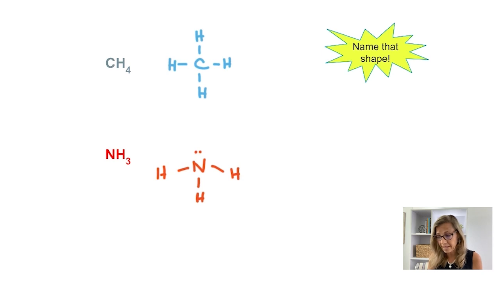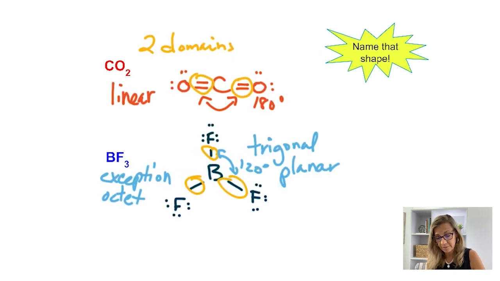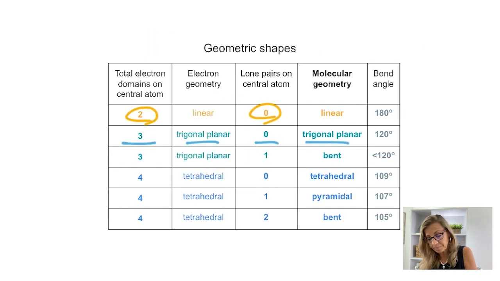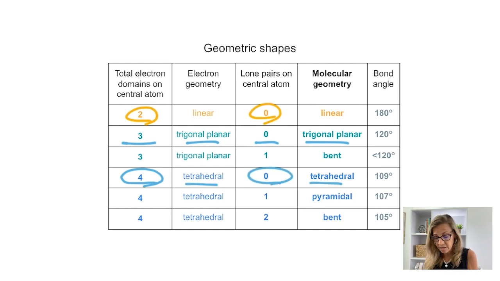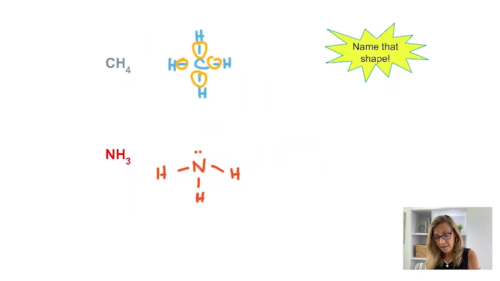This is methane. Methane has 4 domains, 1, 2, 3, 4, no lone pairs. So let's go to the table. We have 4 domains, no lone pairs. It is tetrahedral in both electron and molecular geometry. And here is a molecule of methane. Now, this is a perfect example of VSEPR.